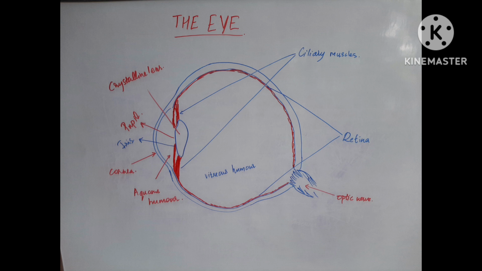Sometimes when the object is very close to the eye, we cannot focus, or we cannot get a clear image of the object. In this case, there is a least distance for distinct vision, that is called the near point. It is represented as D, and for a normal eye it is 25 centimeters. For a 10 year old child it may be 7 to 8 centimeters.